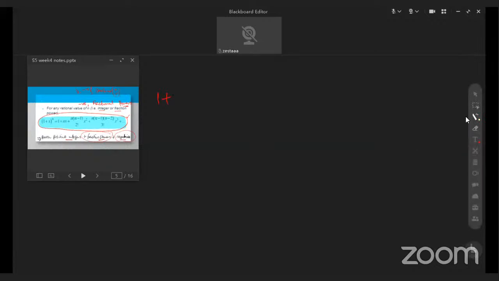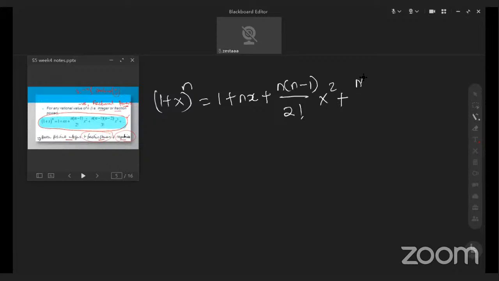When we have, for example, 1 plus x to the power of n, this one is 1 plus nx plus n into n minus 1 out of 2 factorial x squared plus n into n minus 1 into n minus 2 out of 3 factorial x to the power 3, and on and on.